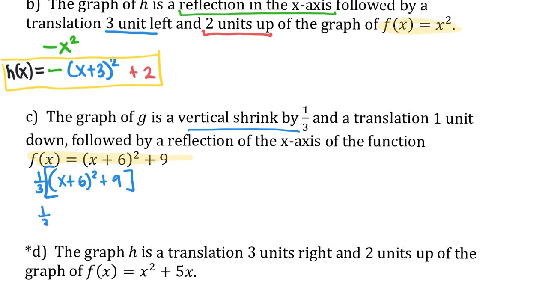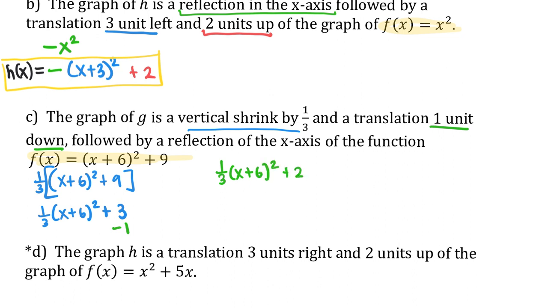I don't distribute it because it's being squared, but 1/3 of 9 is 3. Next, 1 unit down, so I'm going to minus 1 here. So now I have 1/3 (x plus 6) squared, 3 minus 1, now I'm at 2.